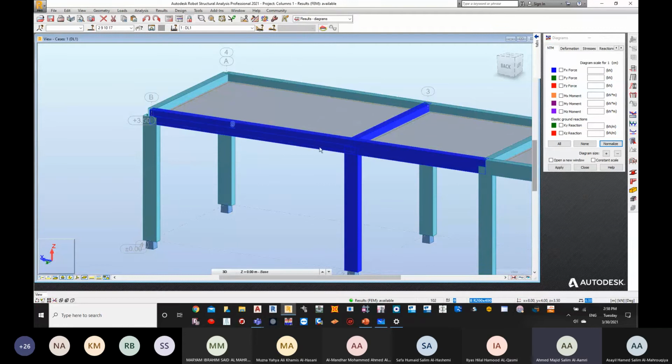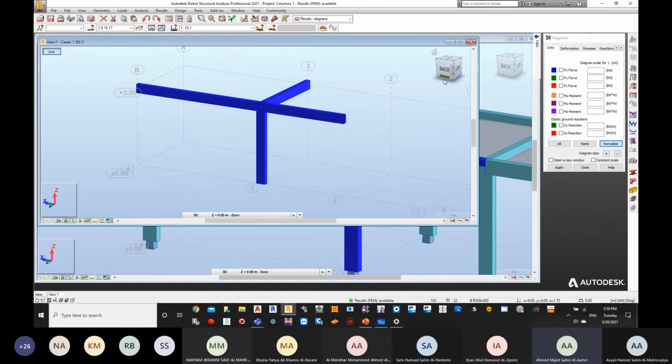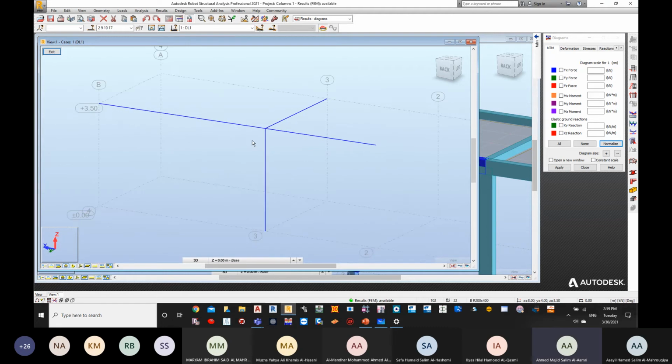In the direction of x, you will see that one beam is bigger or longer than the other beam. Now, if I want to see, let me isolate them first. So this has been isolated. I'll just remove the shape of the column so you can see clearly. So we have one column which is carrying 3 beams.